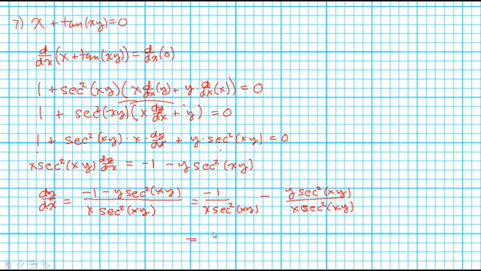Alright, now over here we know that we have a denominator of secant squared, so that's going to turn into negative 1 over x times cosine of xy. And then over here, these two secant squares cancel, so it's minus y over x. And that's what they say the answer is. So there's problems 1 through 7.